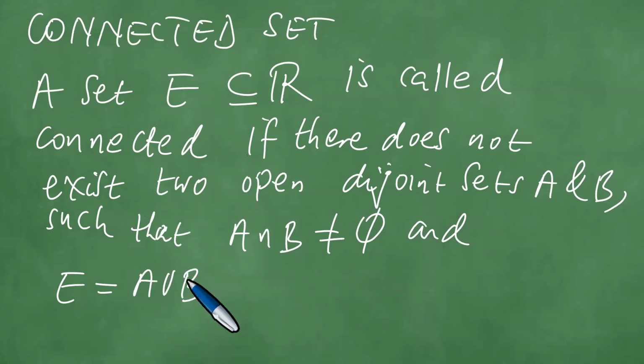So E is connected if you cannot have two open sets that separate. We use the word separation because they are sets that observe separation.